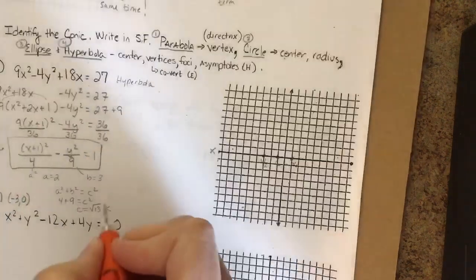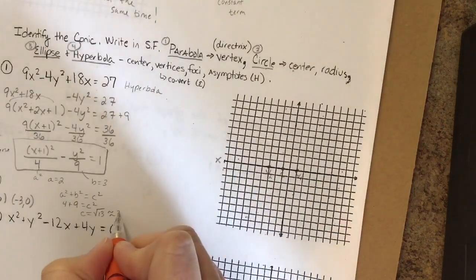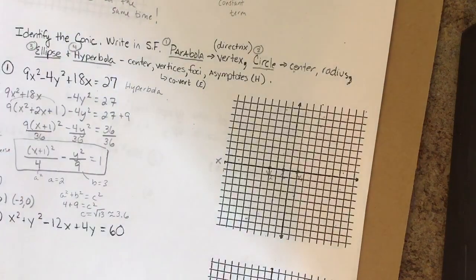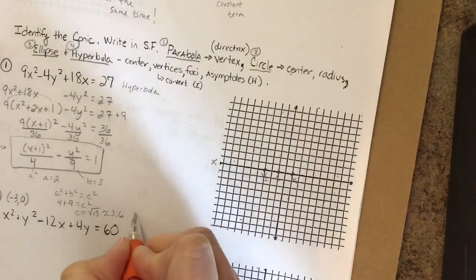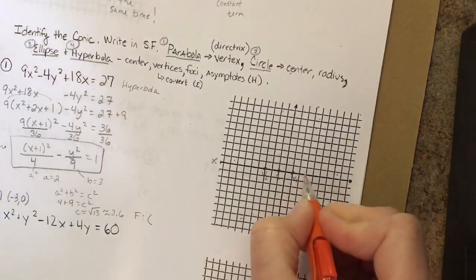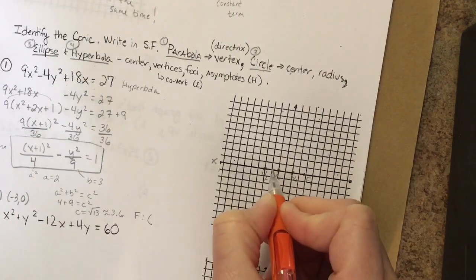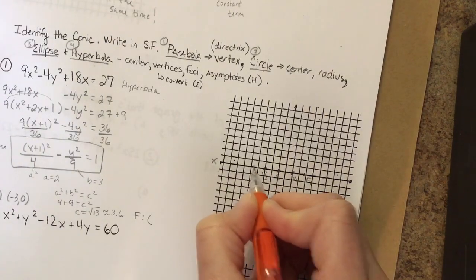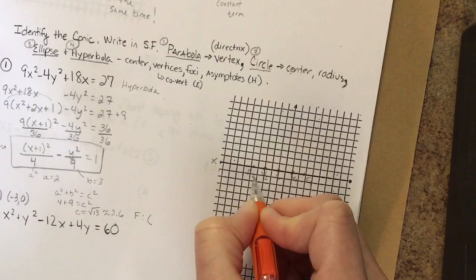3.6. So what are the foci? (-1, 2), (3.6)... I've got F1, and F2.